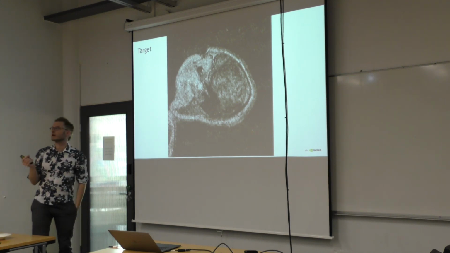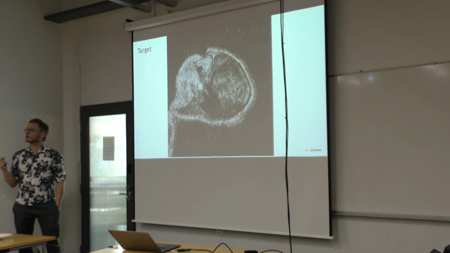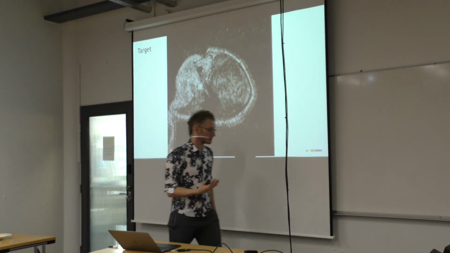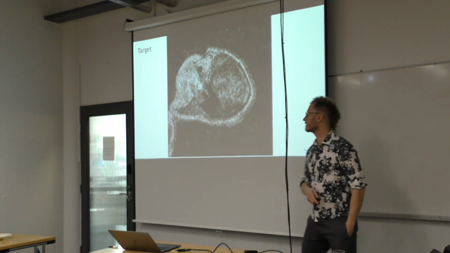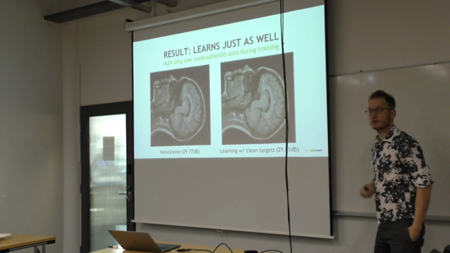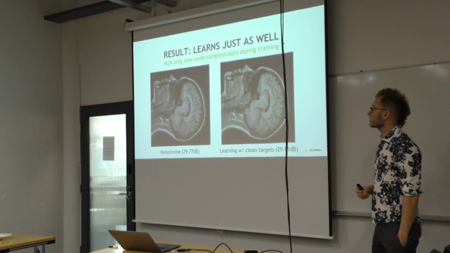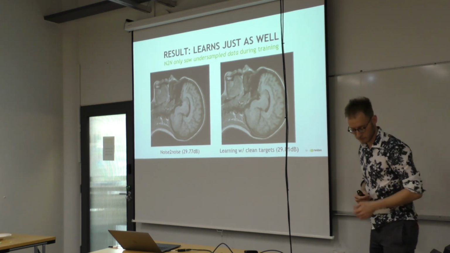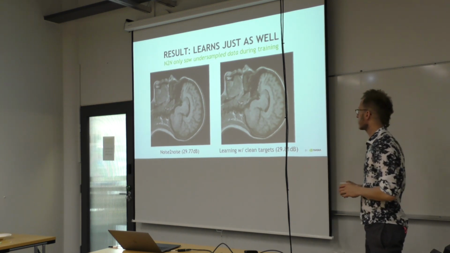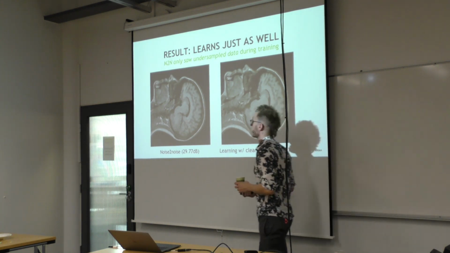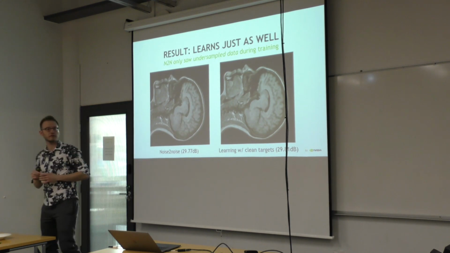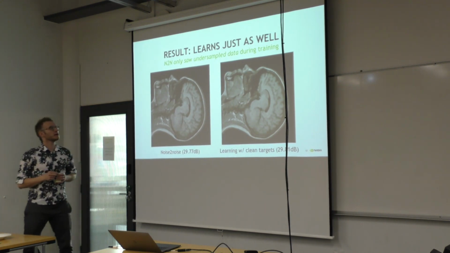And this means that our assumptions apply. I have pairs of images that are bad, but that are correct on average, and I can train with them. It turns out that when I do this, I learn again precisely as well to reconstruct good MRI from bad MRI.